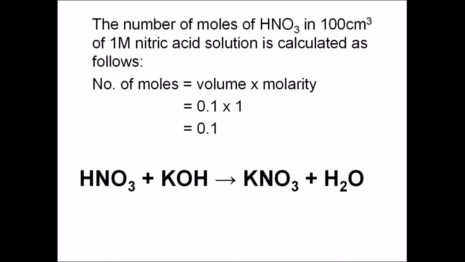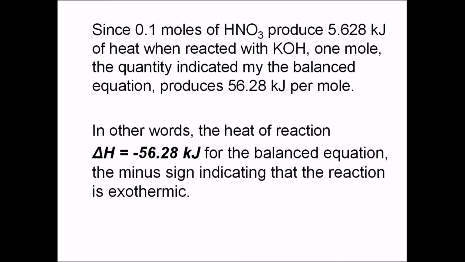If you recall the balanced equation, it required 1 mole of HNO3. Since 0.1 moles produced 5.628 kilojoules of heat, 10 times as much heat would be produced for 1 mole. Therefore, the answer to the question is minus 56.28 kilojoules.